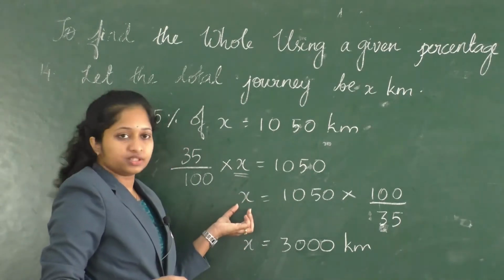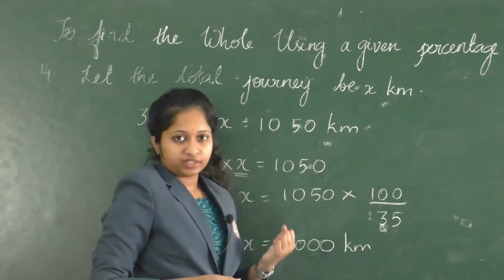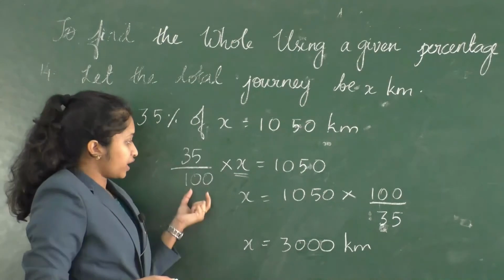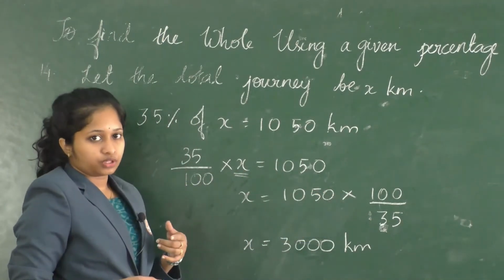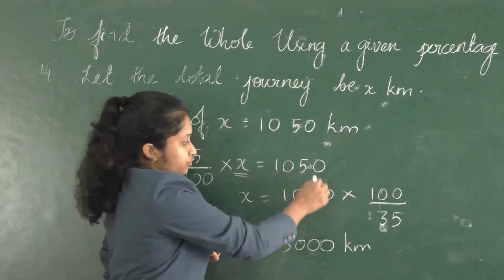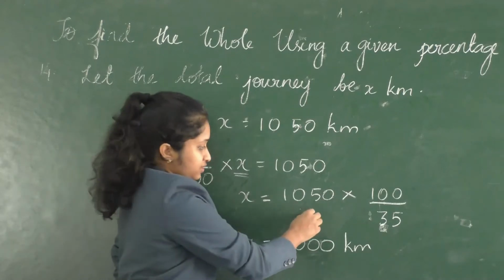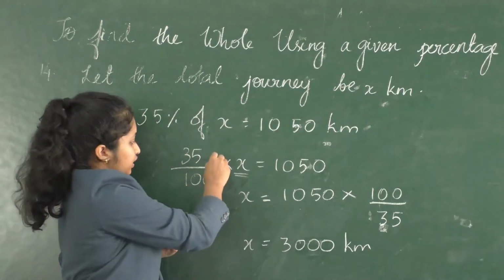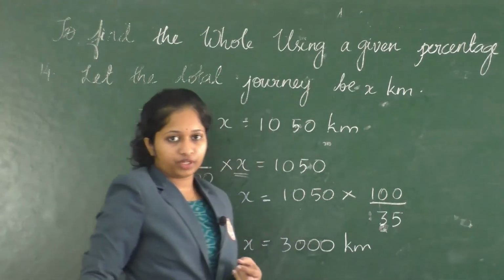Write x here and take all the numerical part to the other side. When you take this fraction to the other side, we should take its reciprocal. So 1050 on the right side stays as it is, and take this 35 by 100 to this side as 100 by 35.